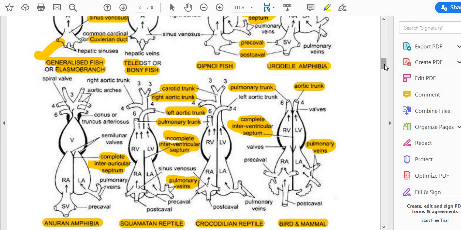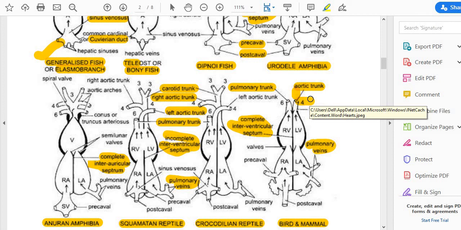One more thing I wanted to tell: I said there is a difference between the bird and mammalian heart. That difference is seen in the systemic arch. The aortic trunk or systemic arch is divided again into two, like this.